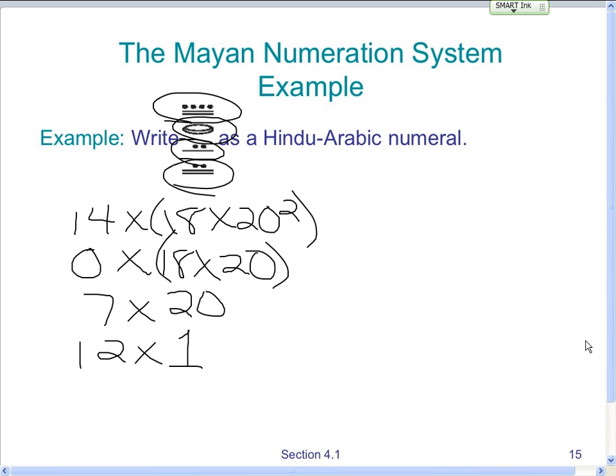Okay, and then we add these numbers up. So get out your handy dandy calculator, and we have 14 times 18 times 20 squared gives us the quantity 100,800.